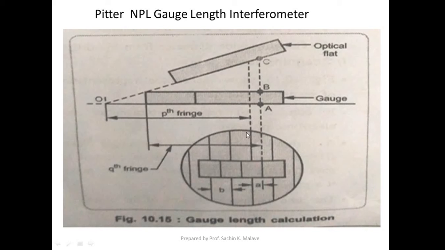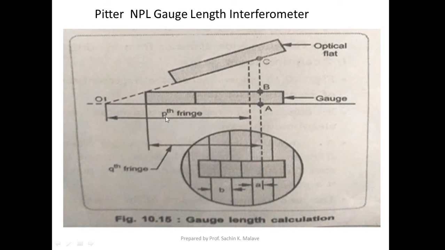So we can see this is the fringe which corresponds to this circle, a line in the circle, that is called a pth fringe, corresponding to the base of the instrument. It is the pth fringe.